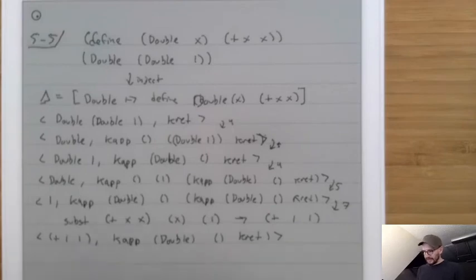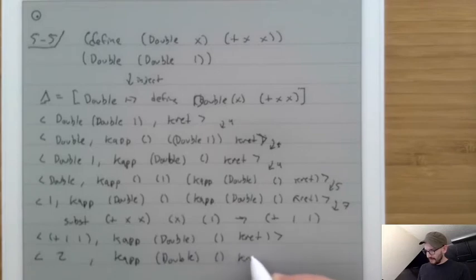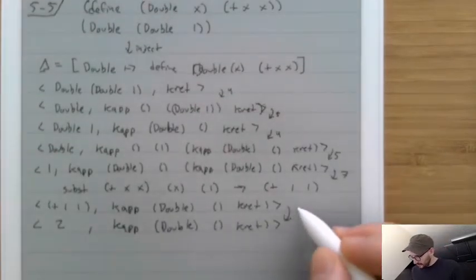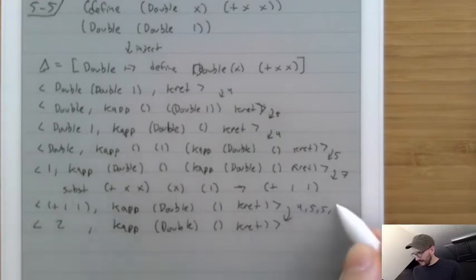Now at this point, we would do rule number 4, rule number 5, rule number 5, rule number 6, and eventually we'd get a 2 here, and then k-app double, k-ret. So this would be rules 4, 5, 5, and then 6.